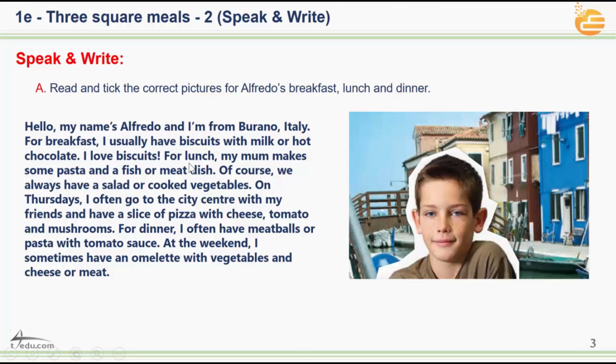We are still going on with the lunch. Of course, we always have a salad or cooked vegetables. Always salad or cooked vegetables. On Thursdays, I often go to the city center with my friends and have a slice of pizza. So salad or cooked vegetables and pizza.